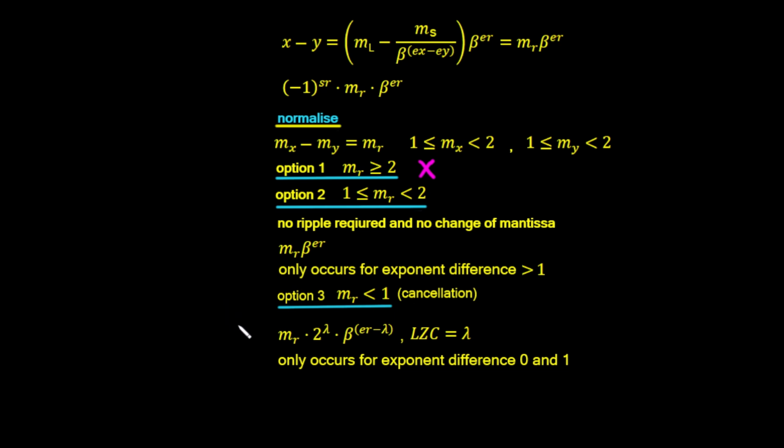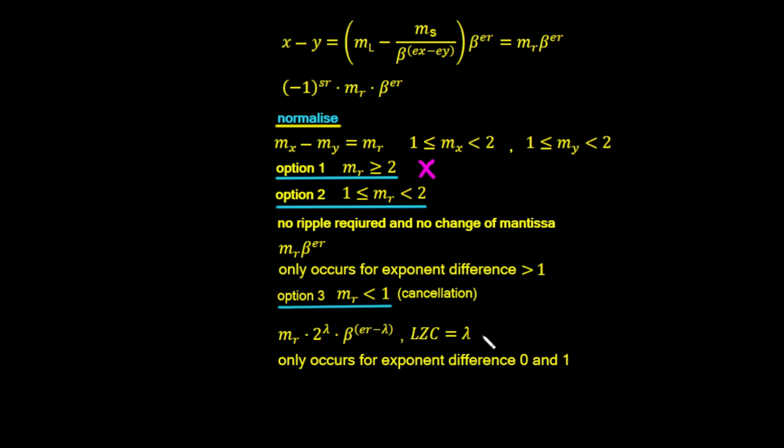Now, one complication we have with subtraction is when we subtract two numbers together which are very, very close, we can get a very tiny number, and this is something referred to as cancellation. So in this case here, we generate something called a leading zero count.